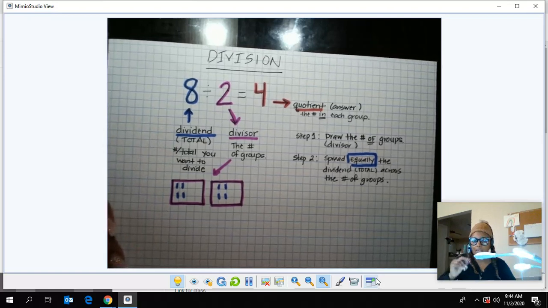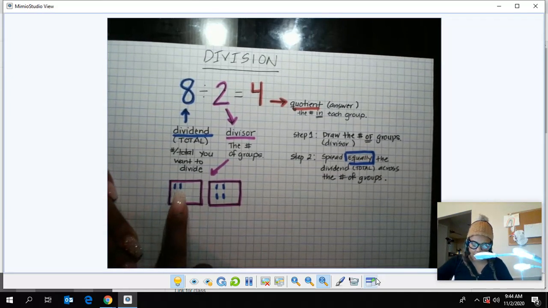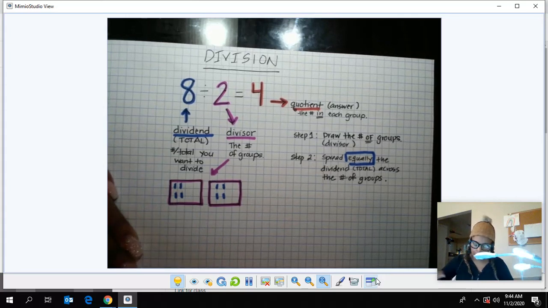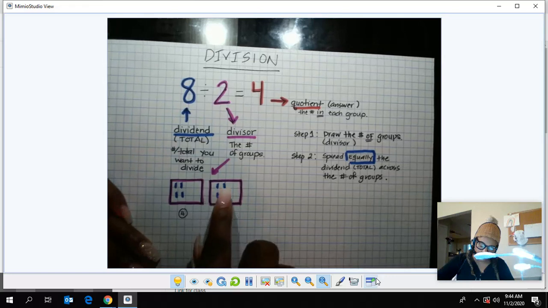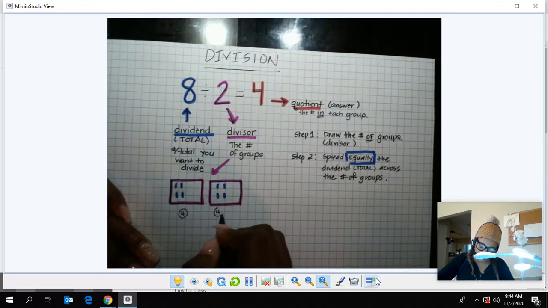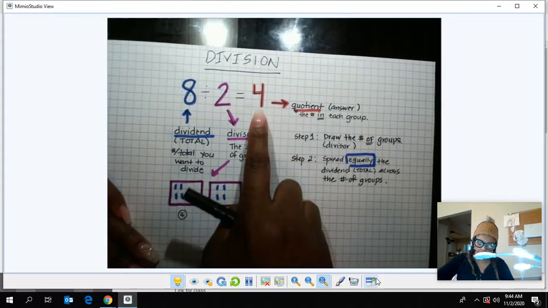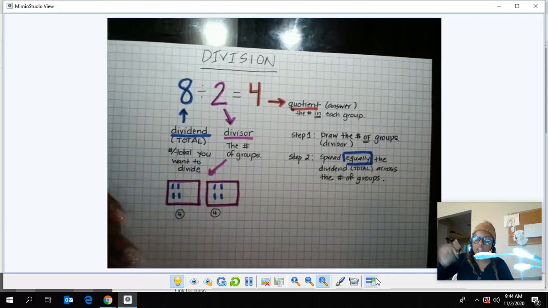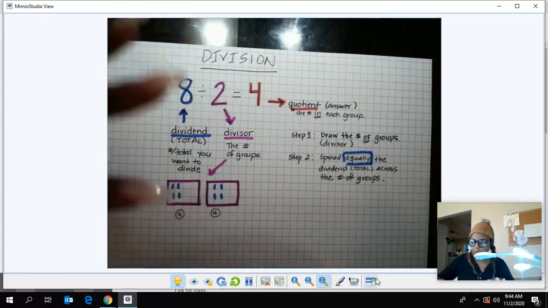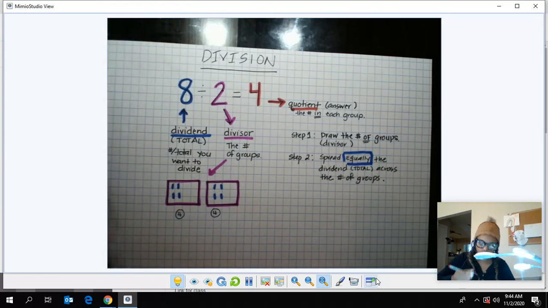Once you stop at your total, look at how many you have in each group. In group 1, I have 1, 2, 3, 4. In group 2, I have 1, 2, 3, 4. My quotient is the number in each group. Well, do they match? If they match, then you have drawn out the diagram correctly.